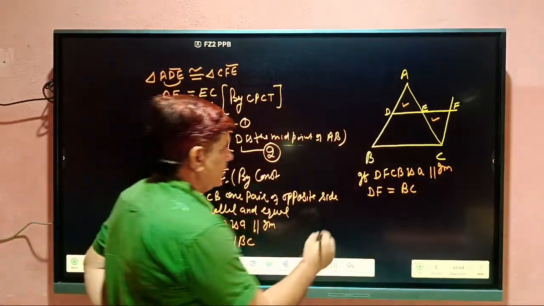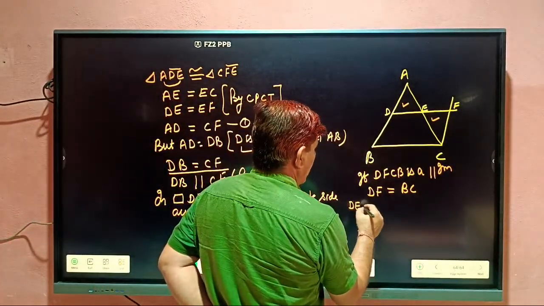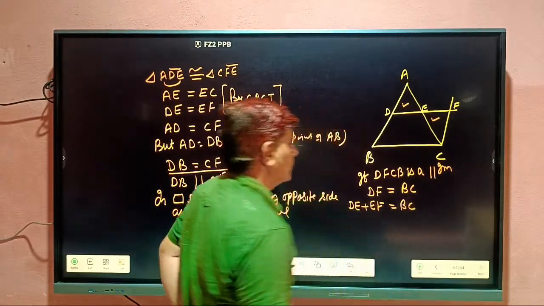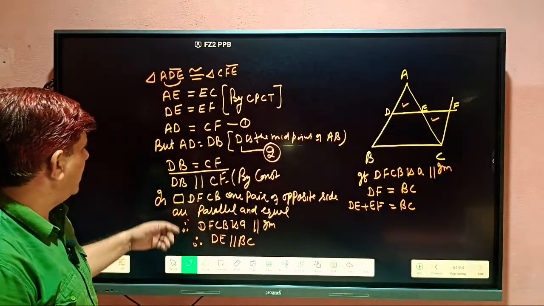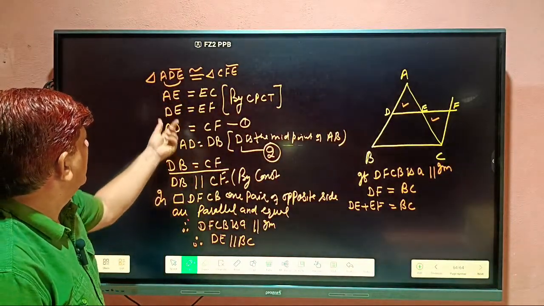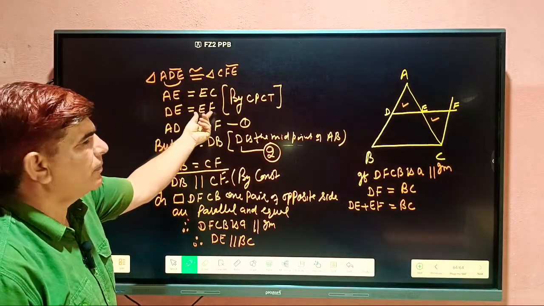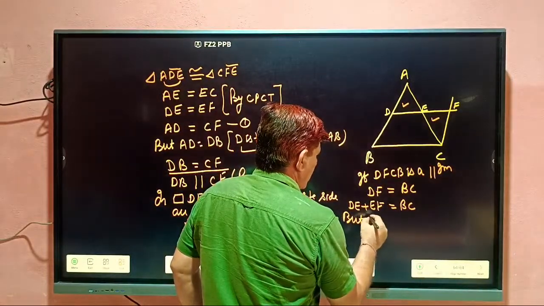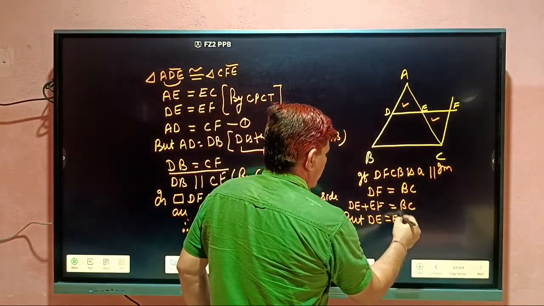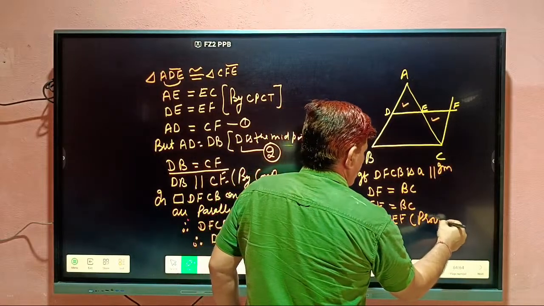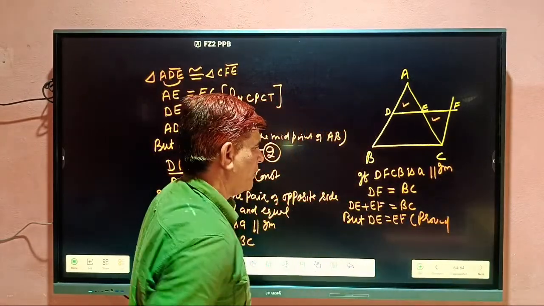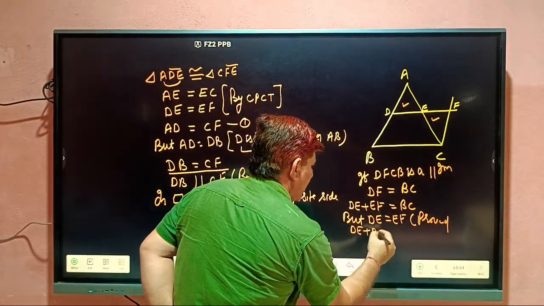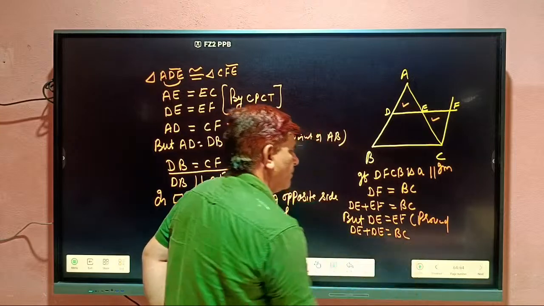DF, how can we write? DE plus EF is equal to BC. But DE is equal to EF, proved. So in place of EF, I can write DE plus DE is equal to BC.